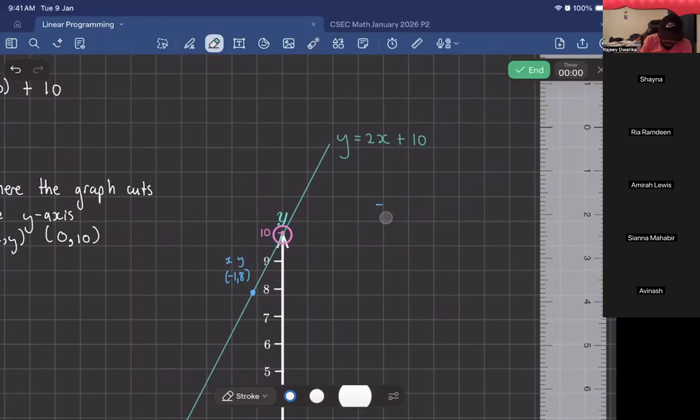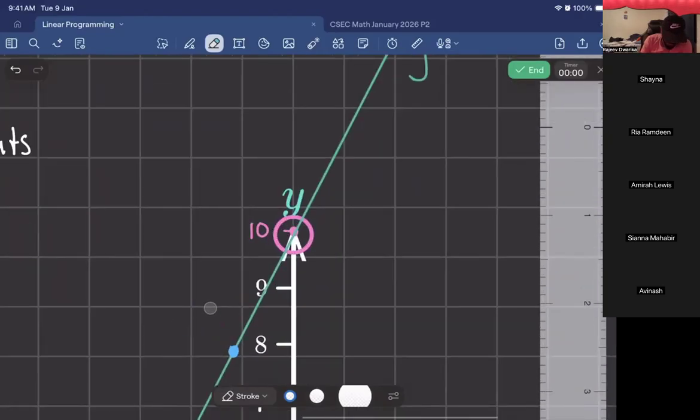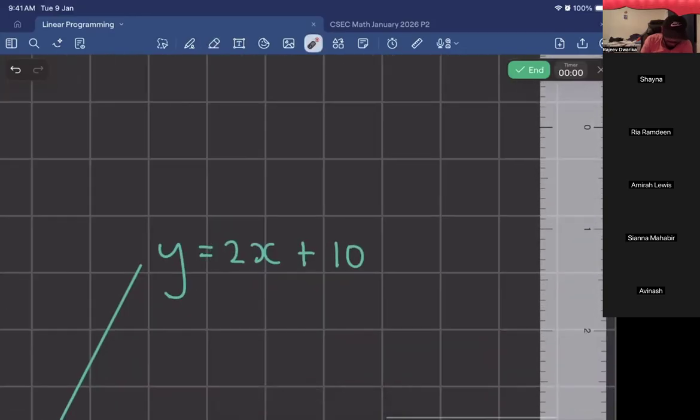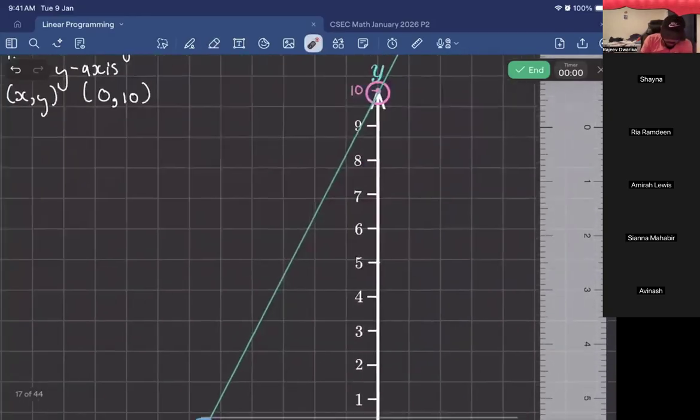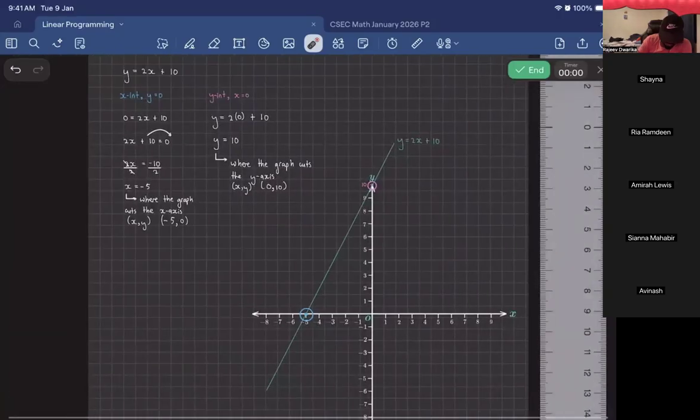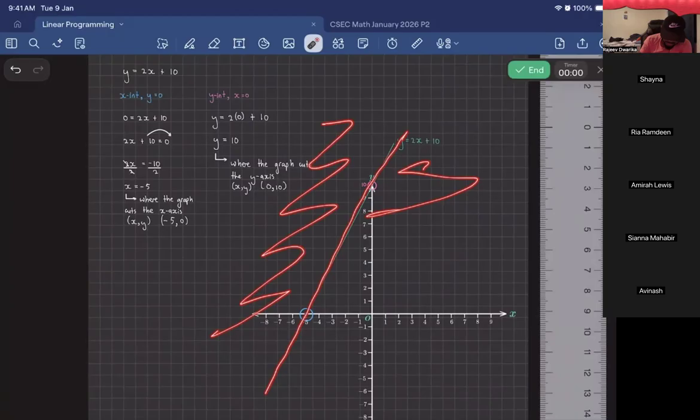So guys, I was just doing this to show you the concept, right? But just know that you're not going to shade on the line itself. If you shade on the line itself, you are finding where it's equal to, right? So Keely, can you see that this line here is effectively dividing the graph into two different regions?